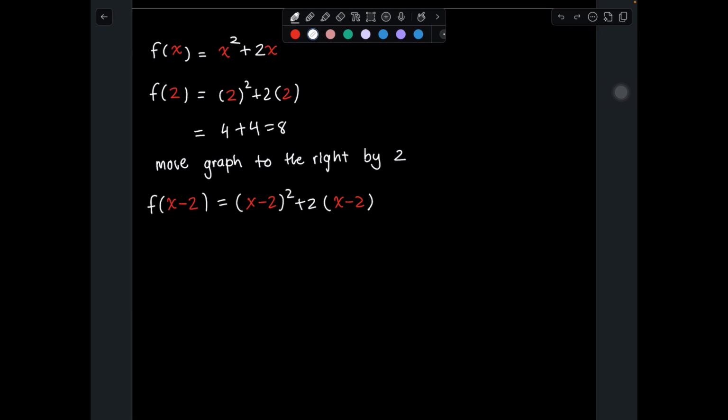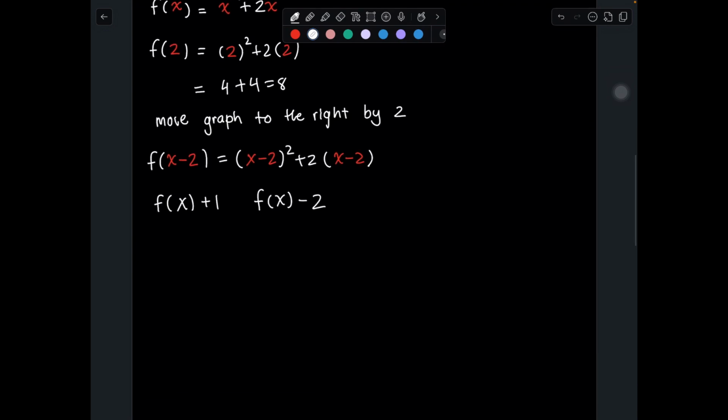So for example, if I wanted to move our graph up by 1, you just add 1 to the end of it. If I wanted to move it down by 2, you just take away 2 from the end. I hope you also remember how we did our dilations. Do you remember that you multiply the whole graph by a number when you're dilating from the x-axis?